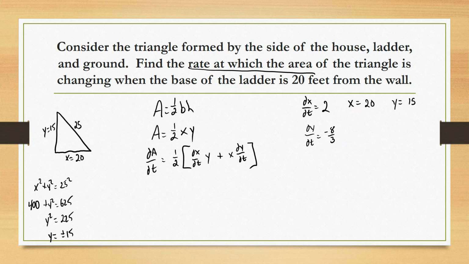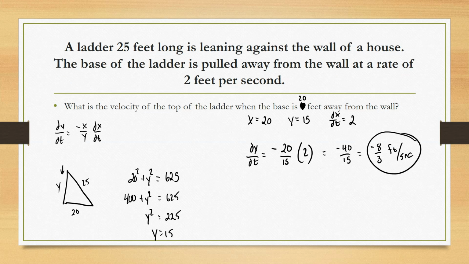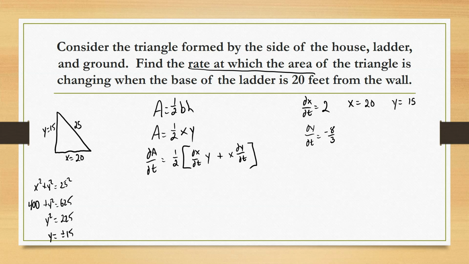Now, if we needed to figure that out, we would just do it the way we did it, right? We would relate the x's and y's using the Pythagorean theorem and figure out what dy/dt is. But since we've already done it, we don't have to do it for this part of the problem. Now all we have to do is plug everything in. 1/2 times dx/dt, which is 2, times y, which is 15, plus x, which is 20, times dy/dt, which is negative 8/3.